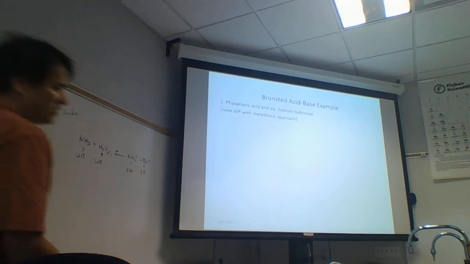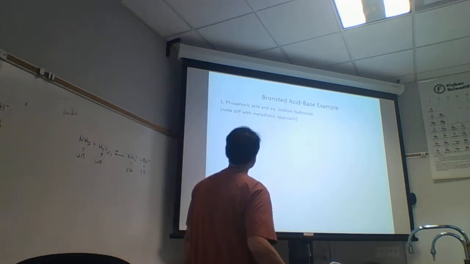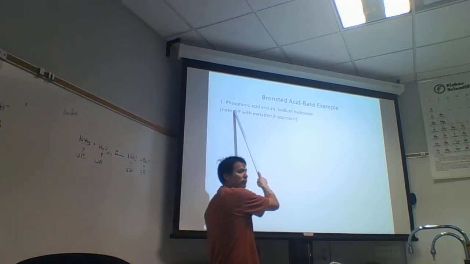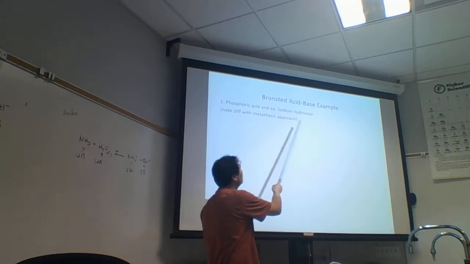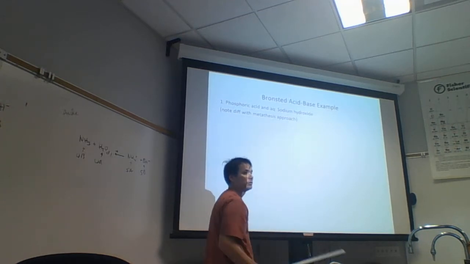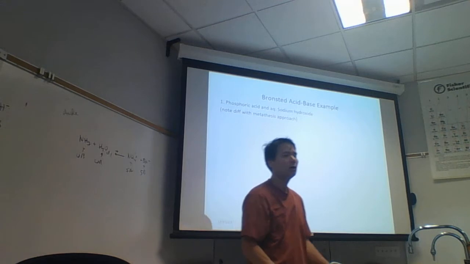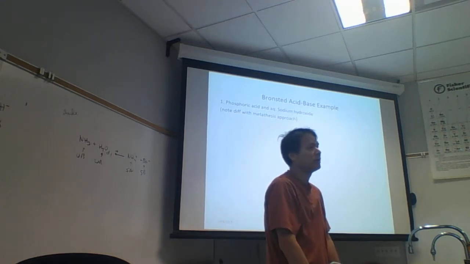Some reactions overlap the categories. So for example, we did this one already, phosphoric acid and sodium hydroxide. Do you remember doing that? What did it form? It formed sodium phosphate and water.